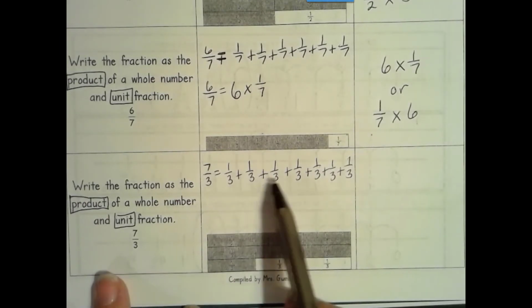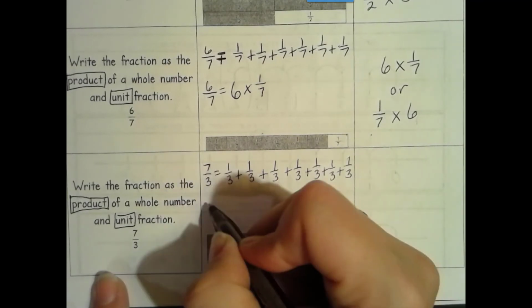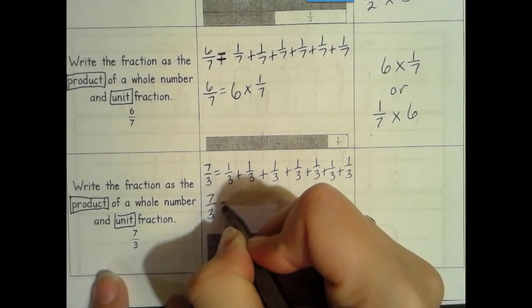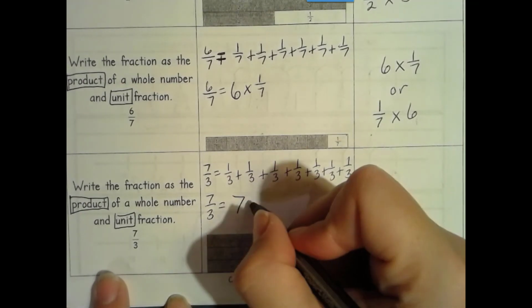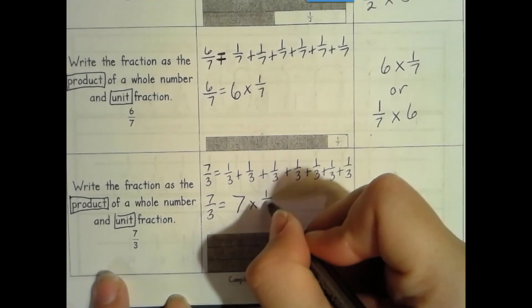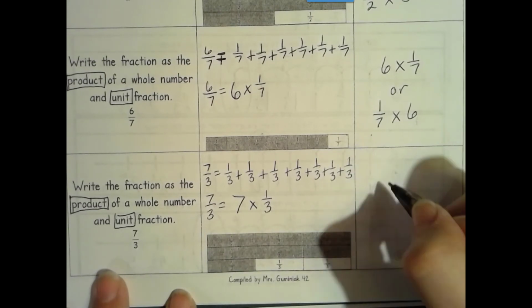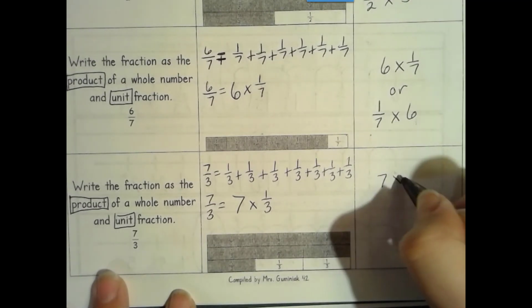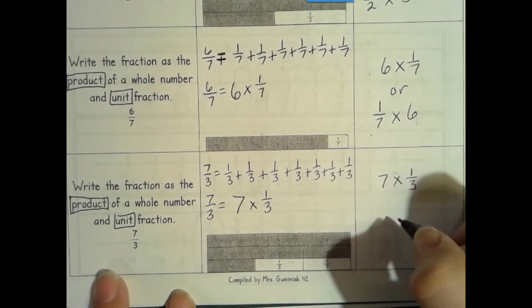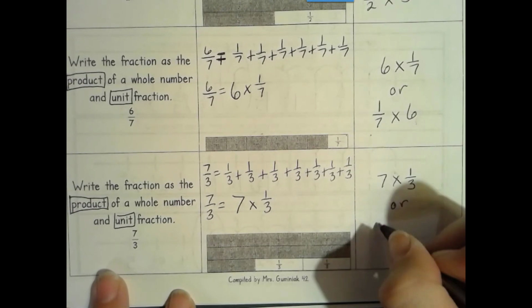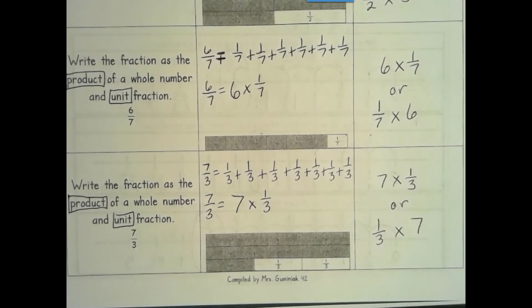We have 1, 2, 3, 4, 5, 6, 7 of them. So we're joining together 7 groups of 1/3, or 7 times 1/3. So our product of our whole number and our unit fraction is 7 times 1/3, or 1/3 times 7.